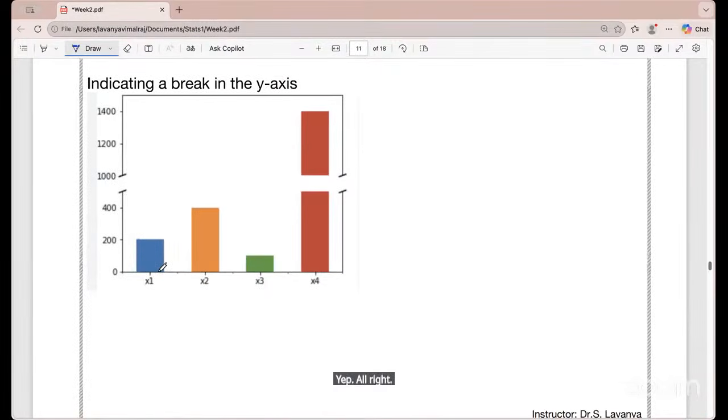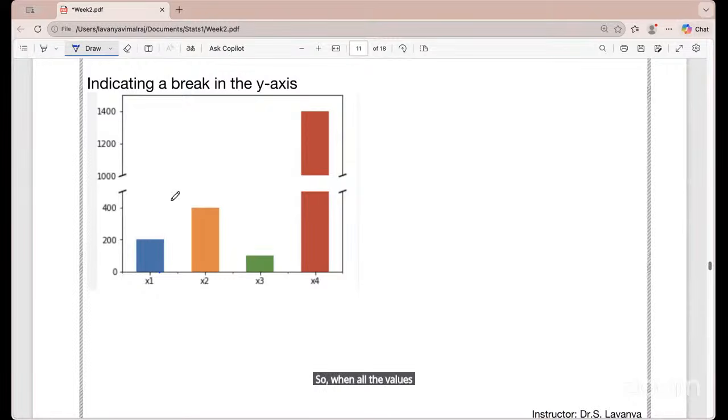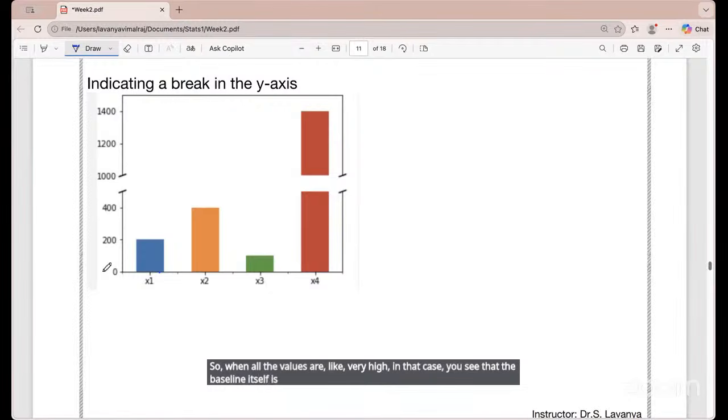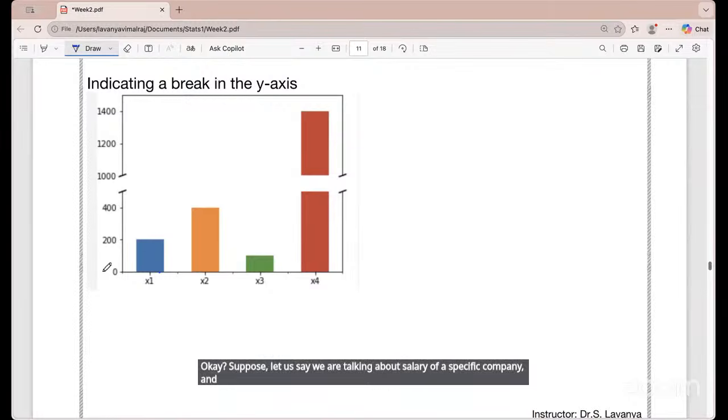All right. So mostly this truncation, this break indication at the baseline, is also seen in certain places. When all the values are very high, you see that the baseline itself is truncated. Suppose we are talking about the salary of a specific company and the salaries are starting somewhere in lakh.